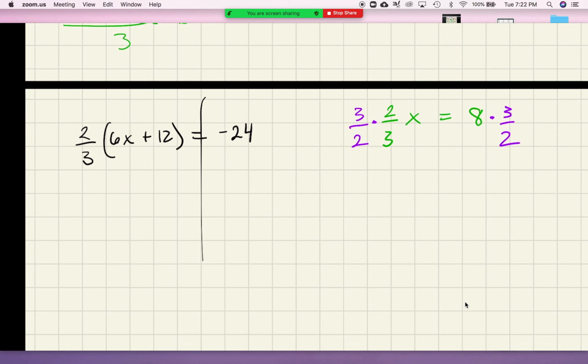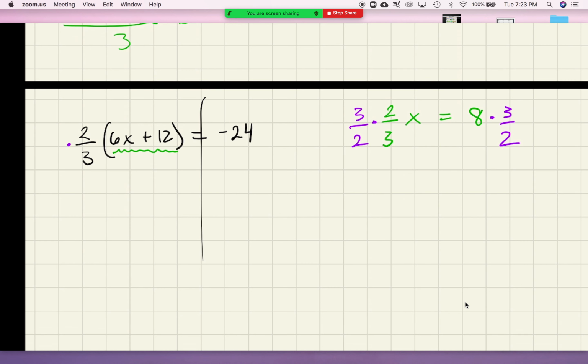Same thing here, except instead of just x, we have the 6x plus 12. This is behaving the same way that this x behaves. So we can do the exact same thing. To get rid of the thing that's farthest away, we multiply by the reciprocal, 3/2, and you do that to both sides.